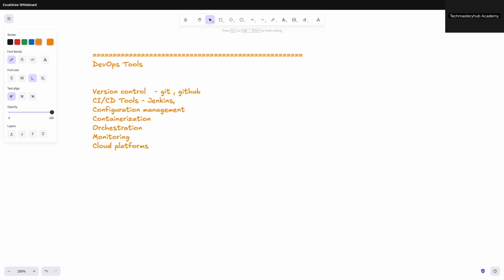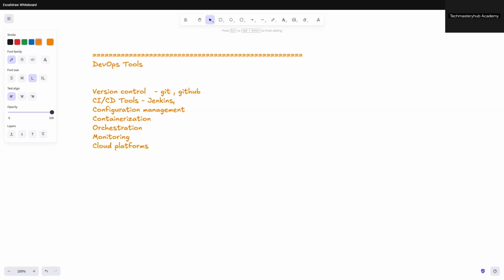Instead of manually doing everything, Jenkins can pull code from GitHub, build the application, run tests, and deploy automatically. For example, as soon as the developer pushes code into GitHub, the Jenkins pipeline starts automatically. This makes software delivery faster, consistent, and reliable.